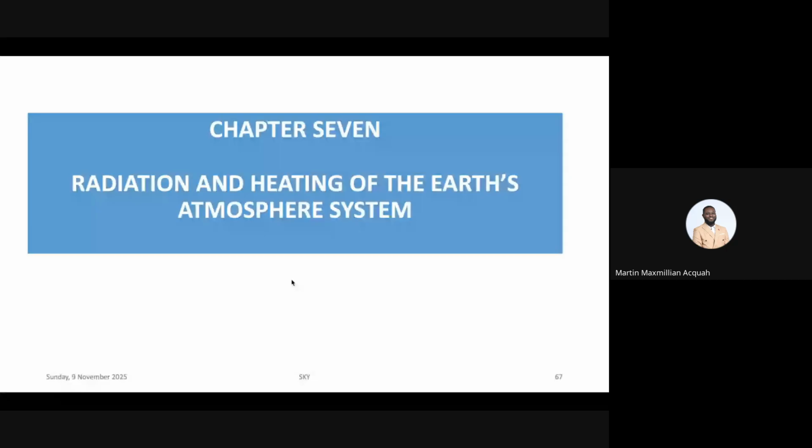And the question is how? These tiny particles that we find in the atmosphere reflect back some of the sun rays that are coming directly to the Earth's surface. And that is how these aerosols help in preventing direct sun rays from reaching the Earth's surface.